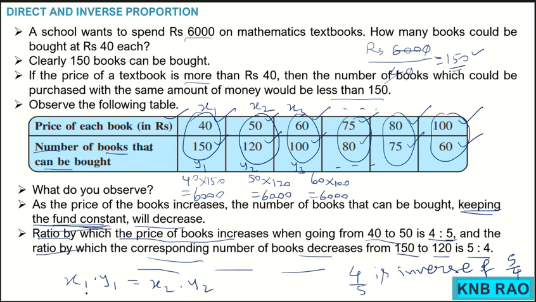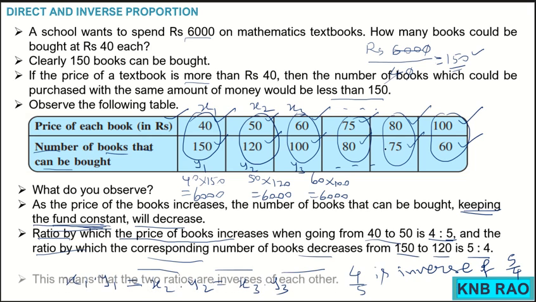So the product of corresponding values is constant. This condition is very essential to say two quantities are inversely proportional, along with the increment in one quantity causing decrement in the other.